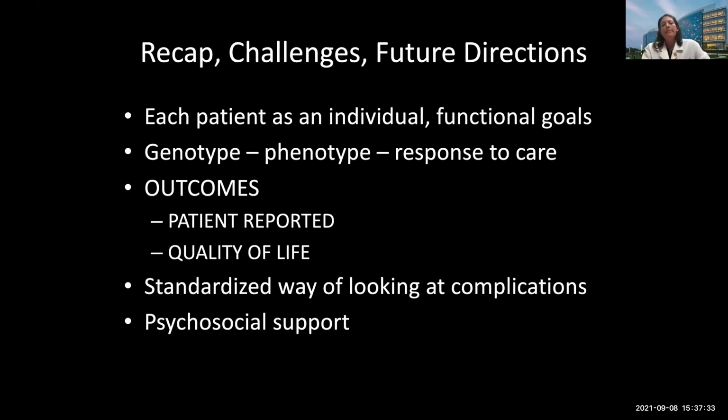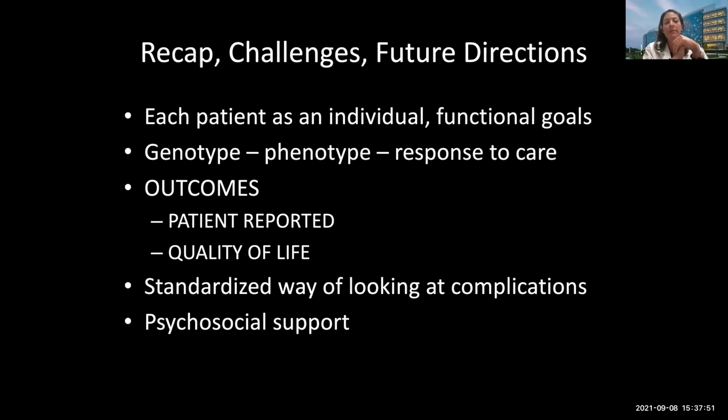So the last slide here, to recap and sort of talk about some of the challenges right now and our future directions. Again, really treating each patient as an individual, assessing functional goals and working as a team to help meet those goals.